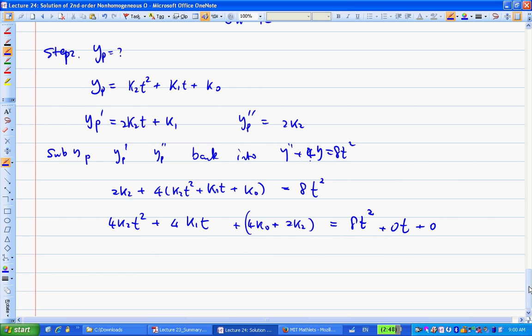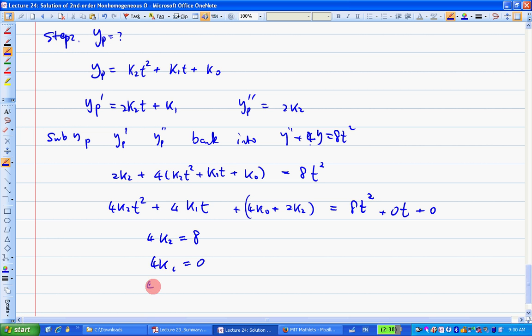So comparing coefficients, what do I have? I have 4k2 equal to 8, and 4k1 equal to 0, and 4k0 plus 2k2 equal to 0.